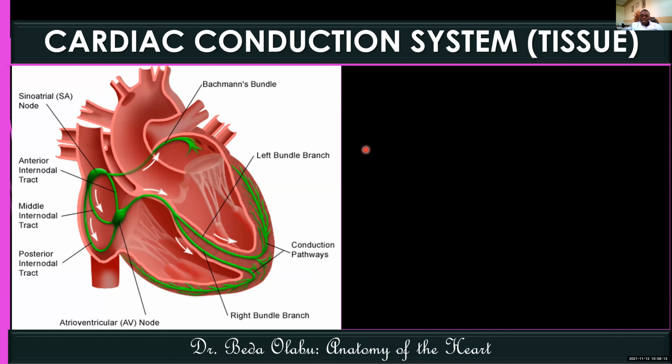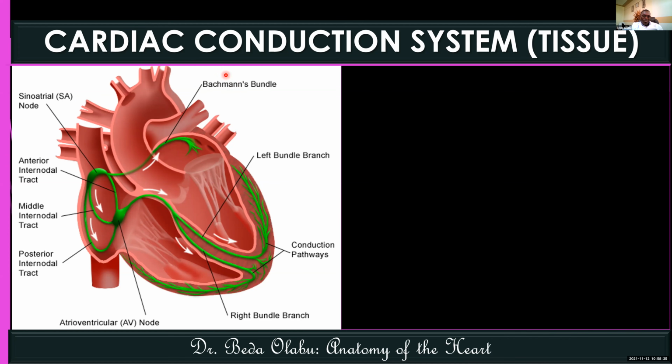We say that the conduction tissue is unique in the sense that they are binucleated cells, they are less contractile, and they have more gap junctions. We say that the impulse is initiated from the sinoatrial node, then moves through the internodal pathways.